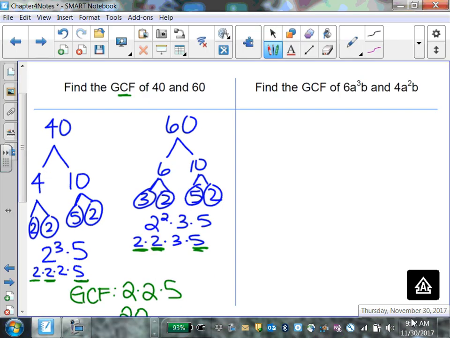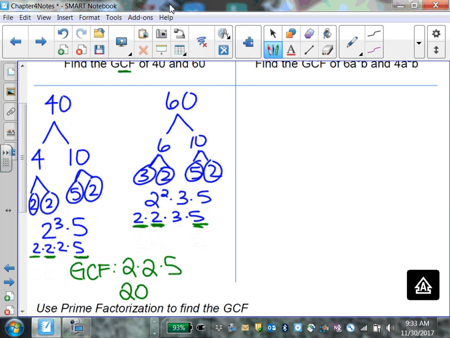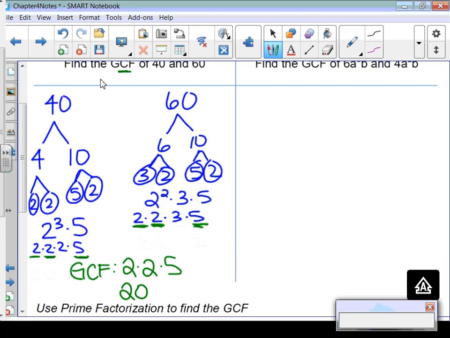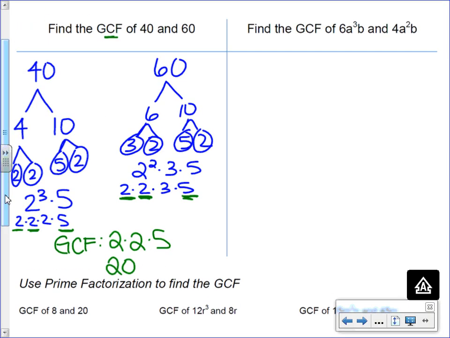Questions about finding the greatest common factor? Let's try this one. This one's different. This one's more algebraic. Find the GCF of 6a to the third b and 4a to the second b. You're going to ignore the variables till the very end. So all you're going to do is find the prime factorization of 6 and 4. So right now, do the prime factorization of 6 and 4.